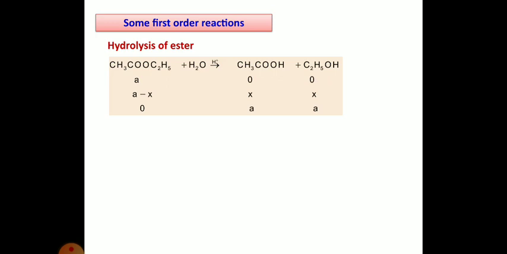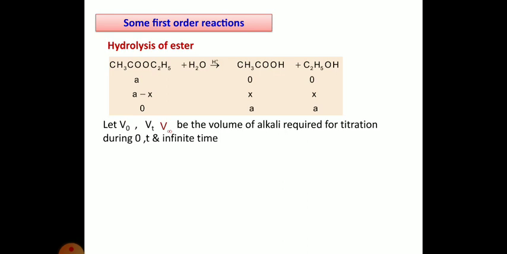So we have denoted it as X for the acetic acid and ethanol, and after the end of that reaction, if we concentrate on the values of the reactant species and the product species, you will notice the opposite of the first. Now reactant concentration becomes 0 and the product concentration becomes maximum, that is 50-50.